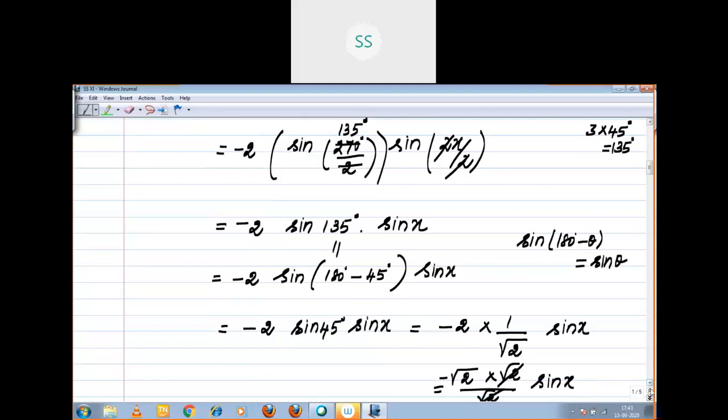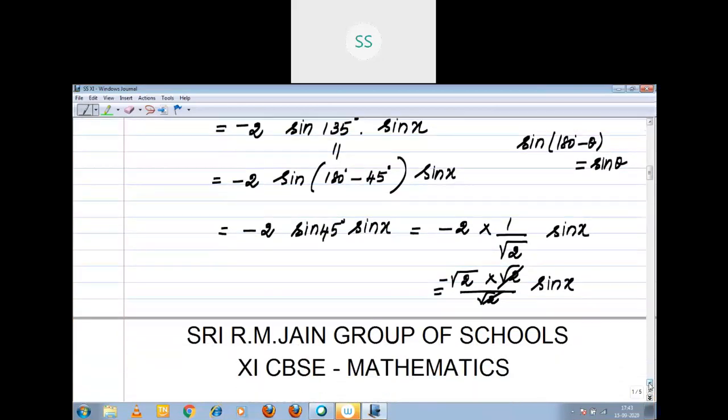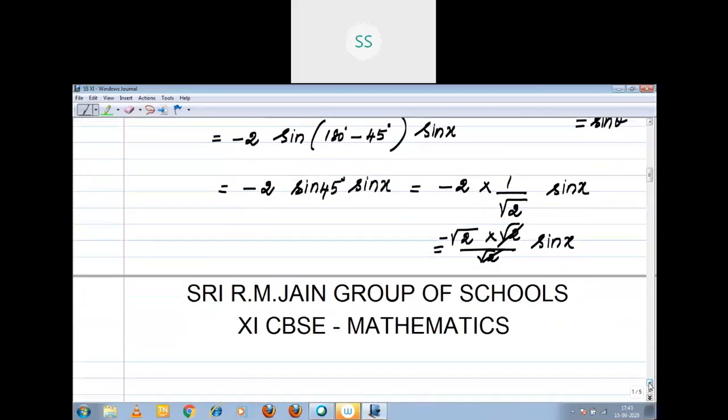So root 2 cancels. What is the result you arrive at? Which is equal to minus root 2 sin x. This is your RHS. Got it, children?